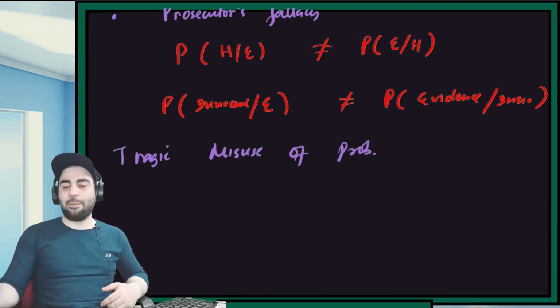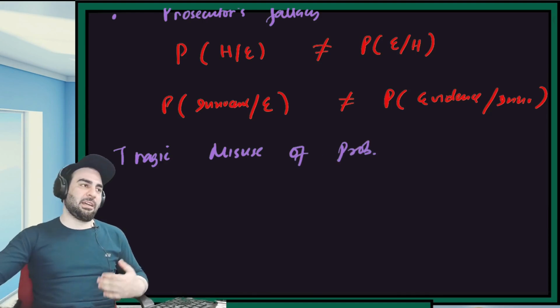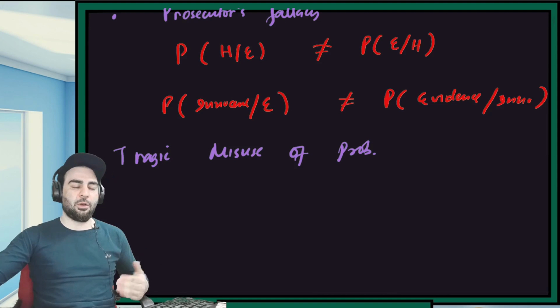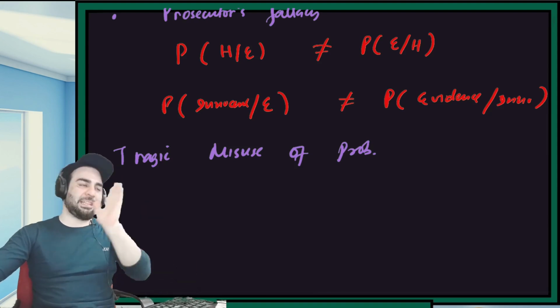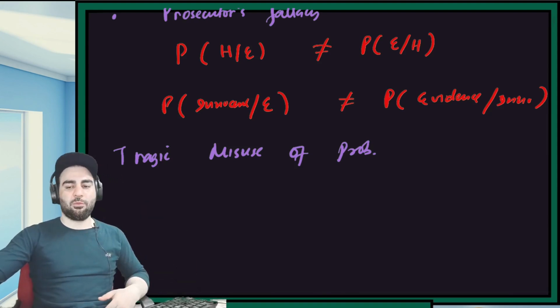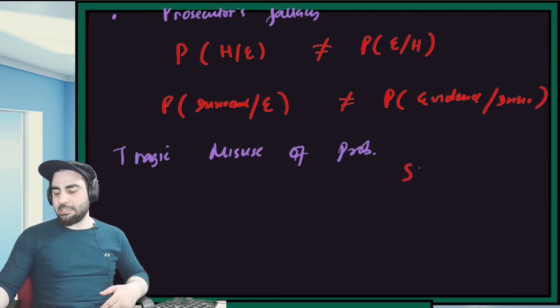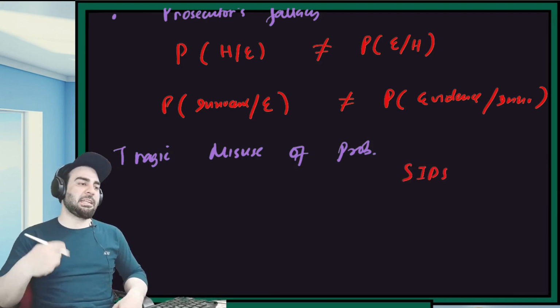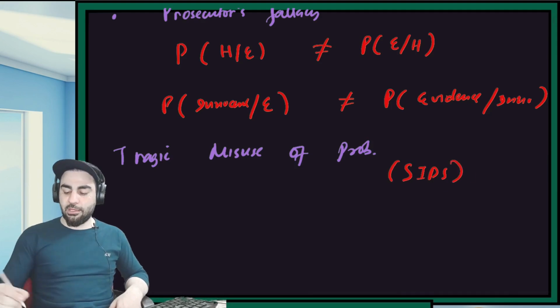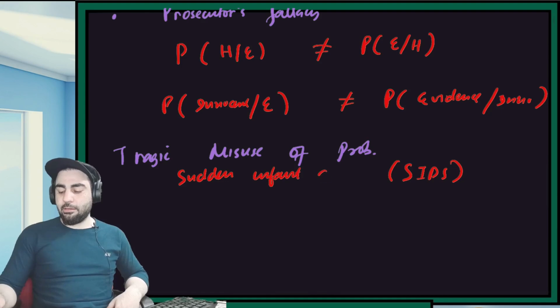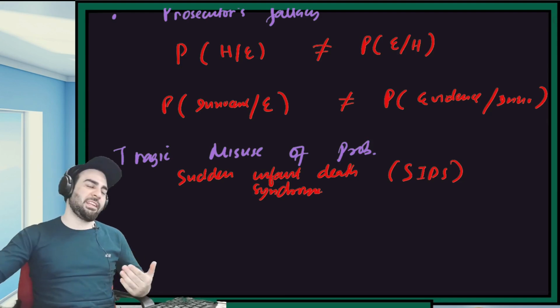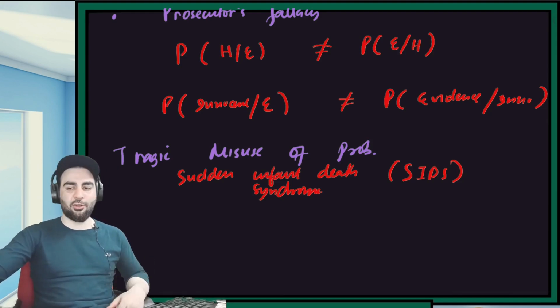So what basically happened in that? Sally Clark gave birth to a son, and in the next year she gave birth to one more son. And then they each died of what is called SIDS, sudden infant death syndrome. It is a very rare natural cause for infant death.